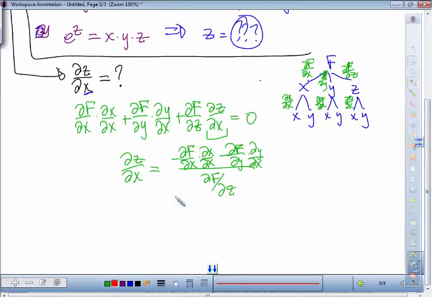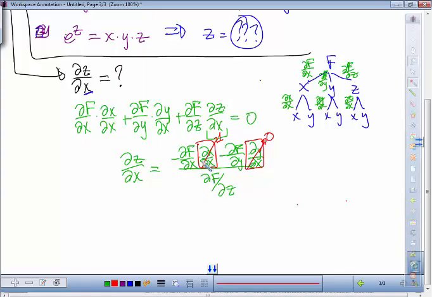Guess we should have worked that out, huh? The dx dx is what? It's 1. And if we're treating y as a constant because we want to take the derivative of y with respect to x, this also is going to be 0.